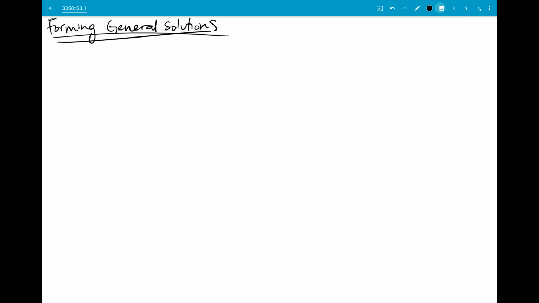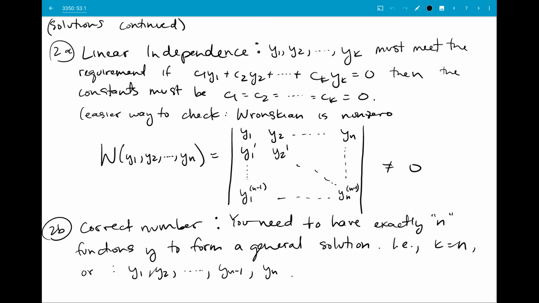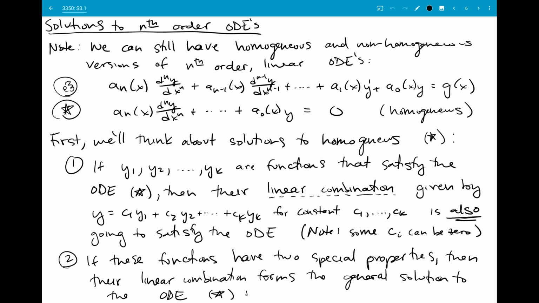And so that brings us to the purpose of why we introduced this idea of wanting to solve an nth order differential equation and talked about these two important properties.